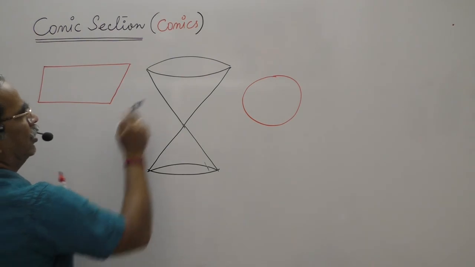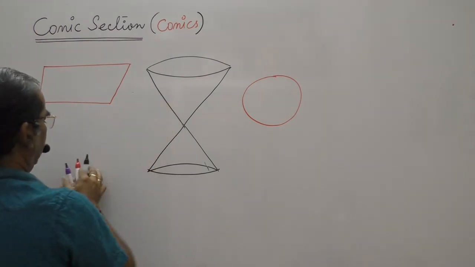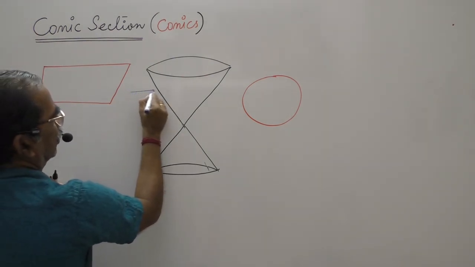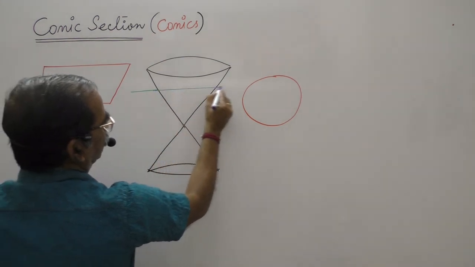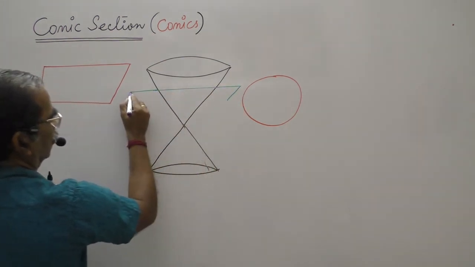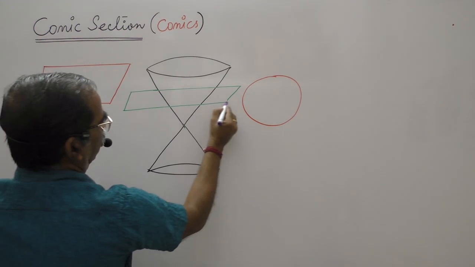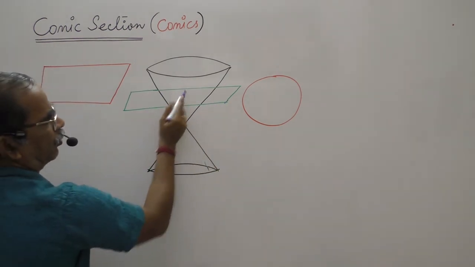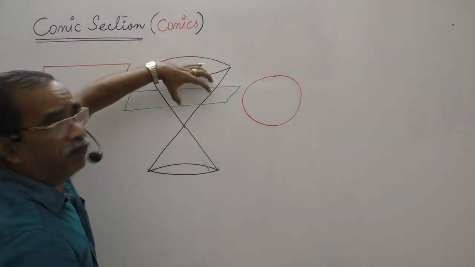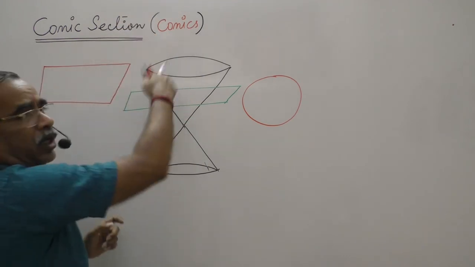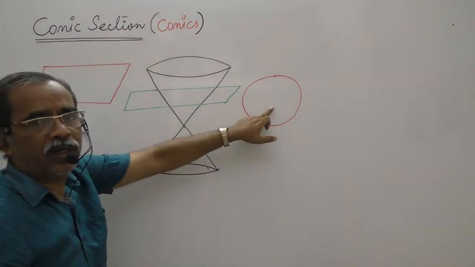I have cut this horizontally. Therefore, if I remove this, what will be the shape there? It will be a circle.